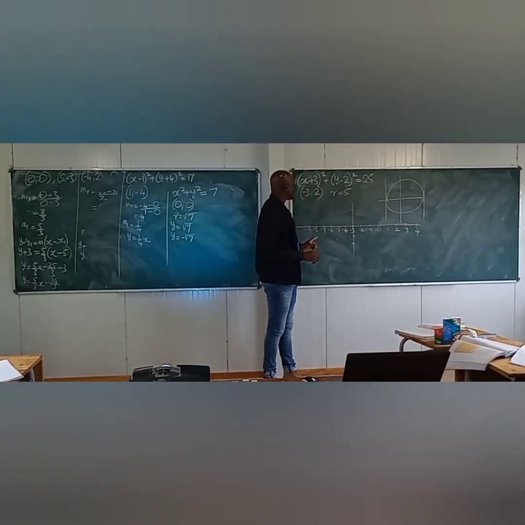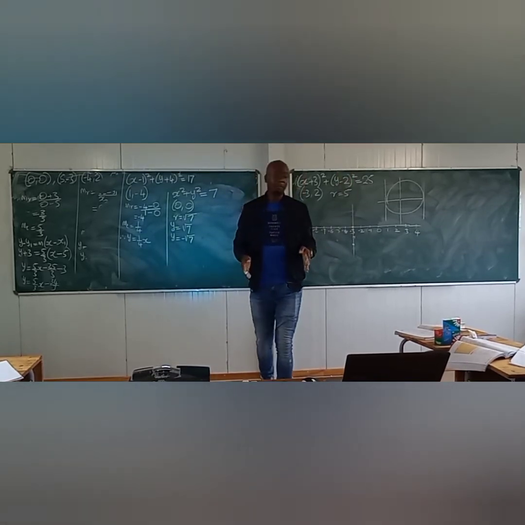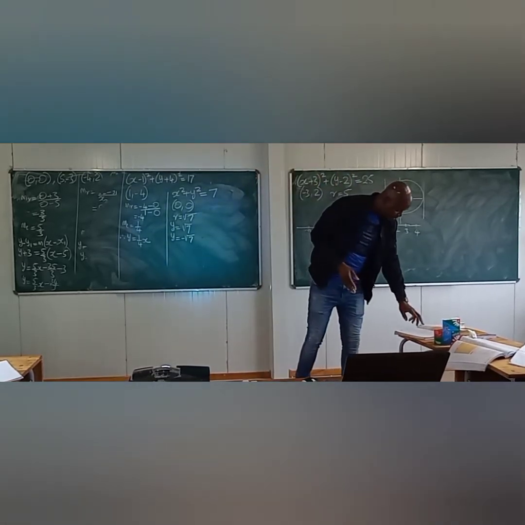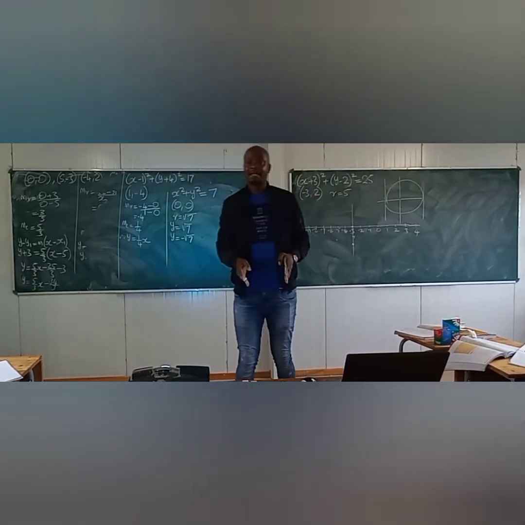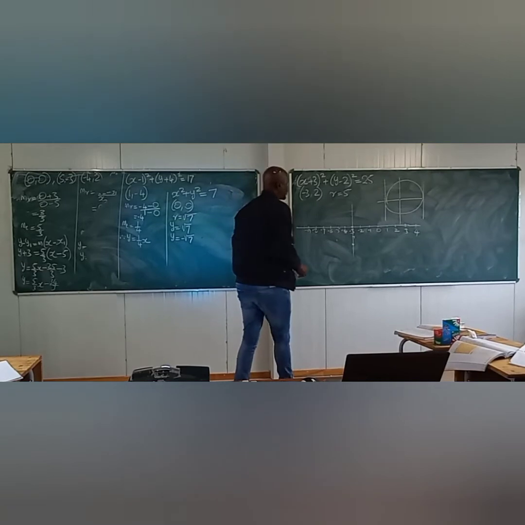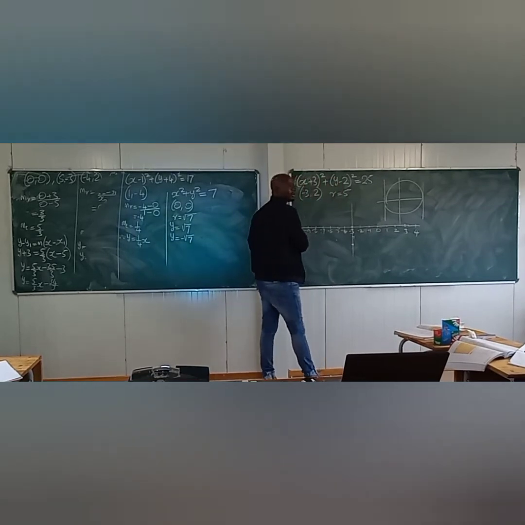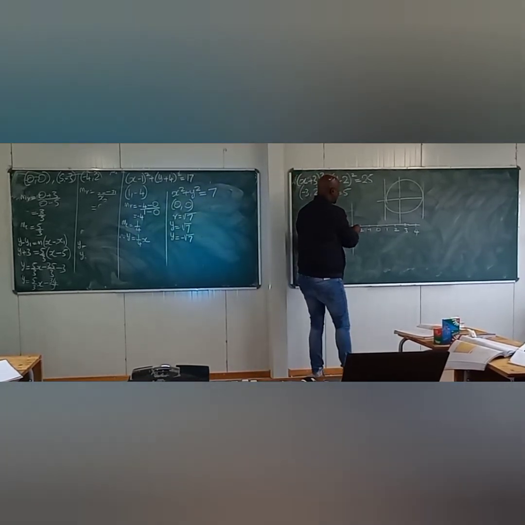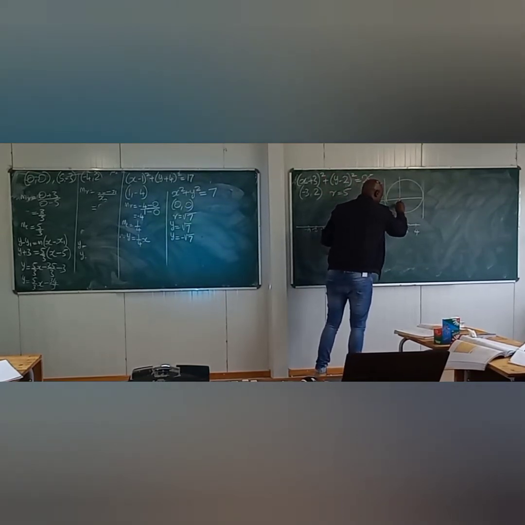Because it's a vertical line, parallel to the y-axis, and a vertical line is perpendicular to the horizontal line, we count 5 radius units here: 1, 2, 3, 4, 5.